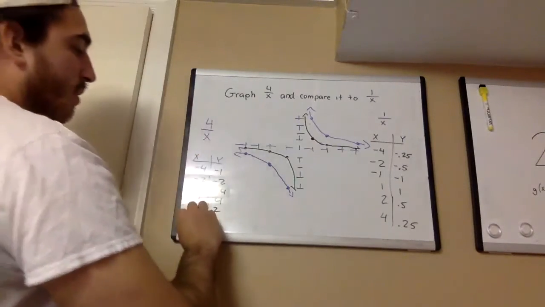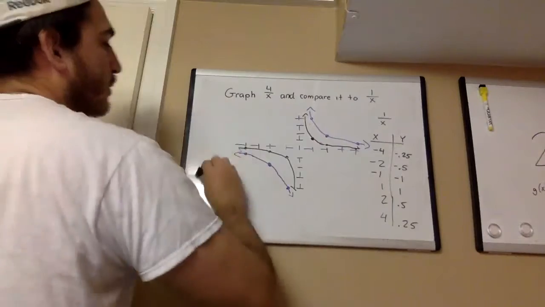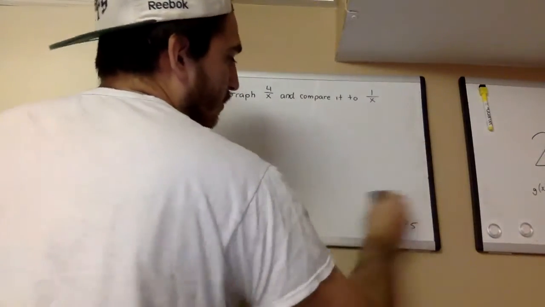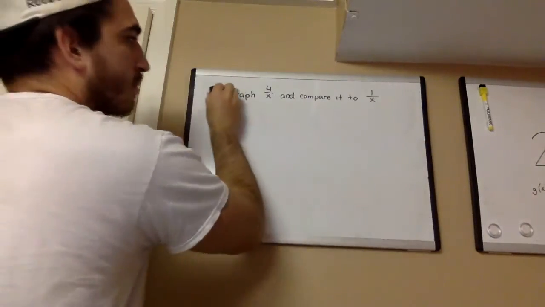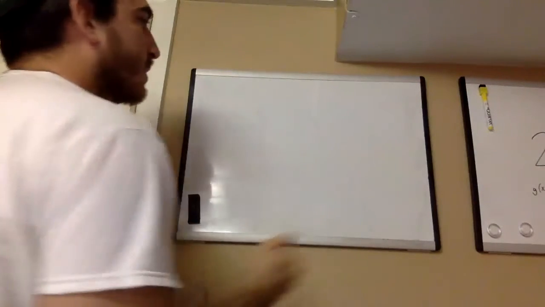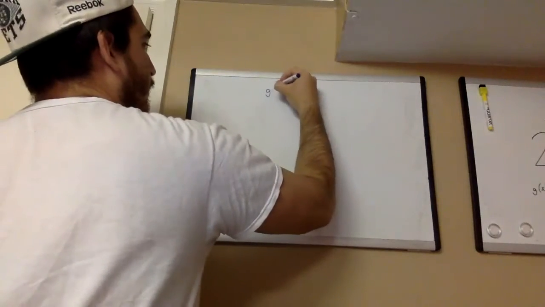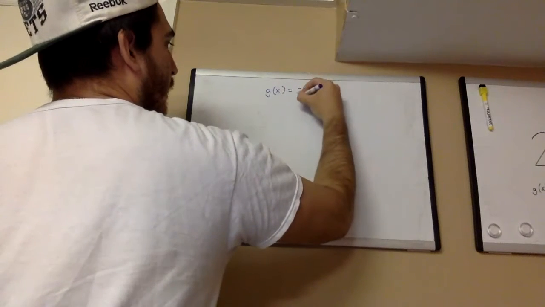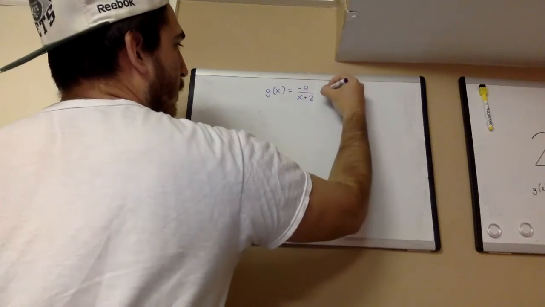For the second part of your homework, they're going to ask you to graph a little bit more difficult equation, but it's really not that bad. They're going to ask you to graph g of x equals -4 over x plus 2, minus 1.